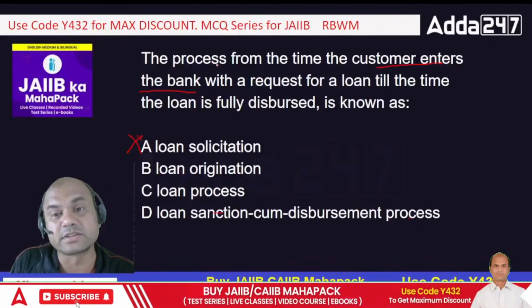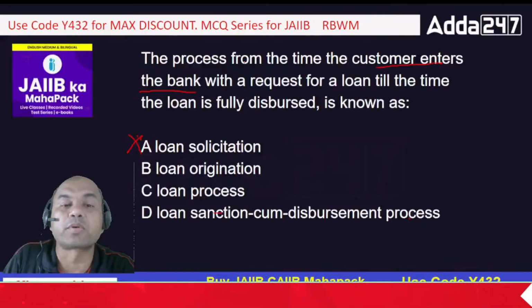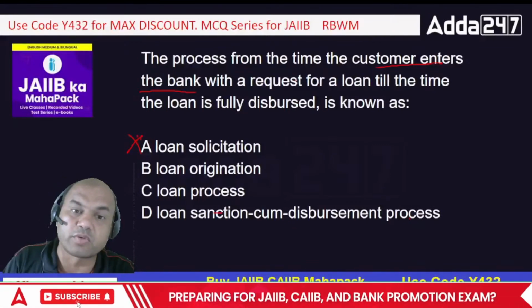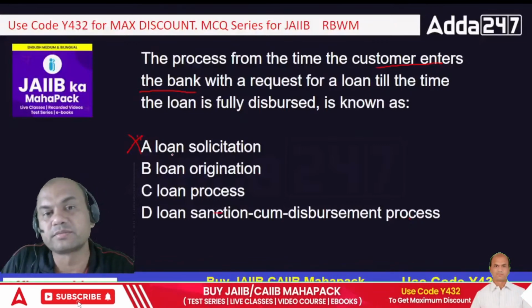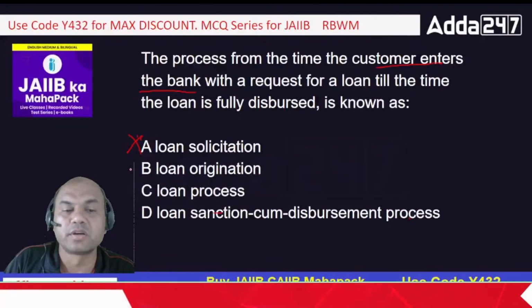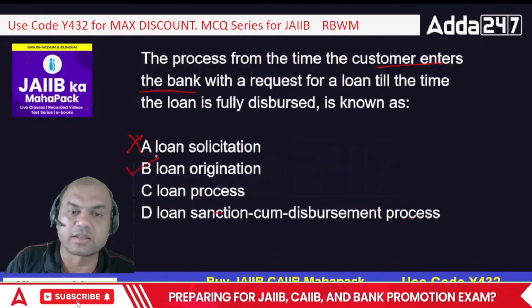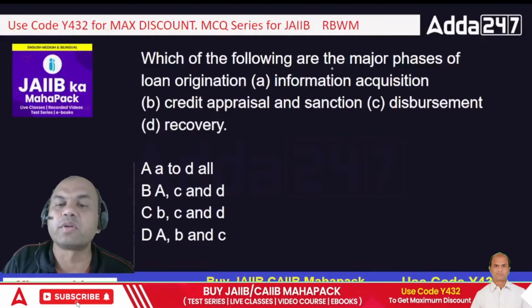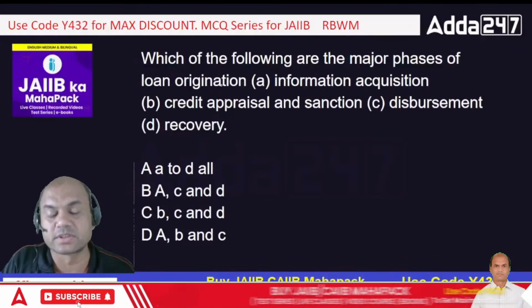Because we are in that stage now, where the banker approaches the customer for the loan till the loan is disbursed is known as what? It is known as everyone. Yes, it is loan origination.